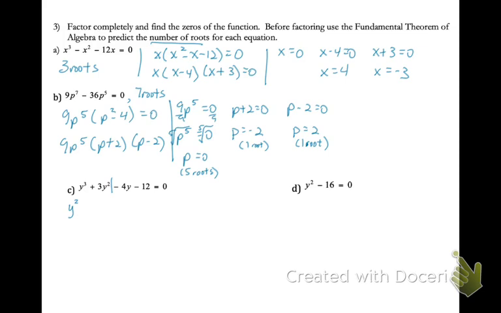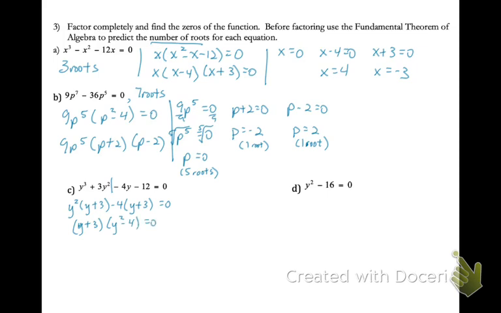All right, now C. Notice we have 4 terms. So let's start by factoring by grouping. I'm just going to put a little dividing line after my second term. I'll look at my first 2 terms and factor out a common factor of x squared. I'm left with y plus 3. I'll factor out a negative 4 and I'm left with y plus 3. Now my common factor is the expression y plus 3, and I'm left with x squared minus 4.